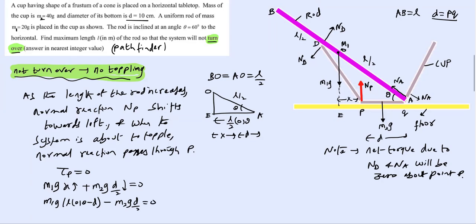I think we know all the values. L is the unknown thing. So M1 G will get cancelled out. M1 times (L cos theta by 2 minus D) equals M2 D by 2.